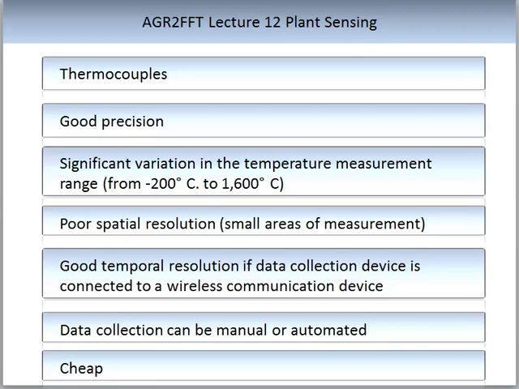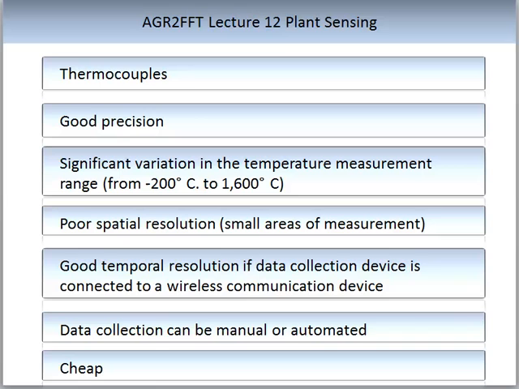They can measure fractions of degrees. They can measure a significant variation or range in temperature. Thermocouple devices can measure down to -200 degrees C and up to 1600 degrees C. The composition or construction of the thermocouple will determine the range. Not all thermocouples can measure across this large range.